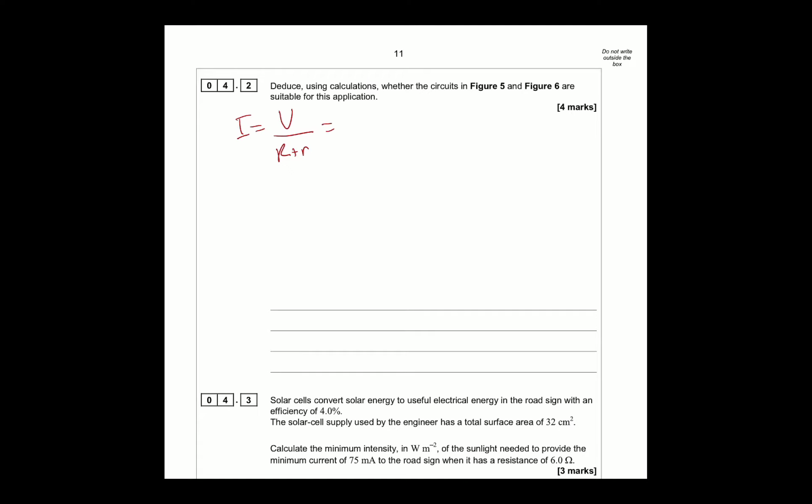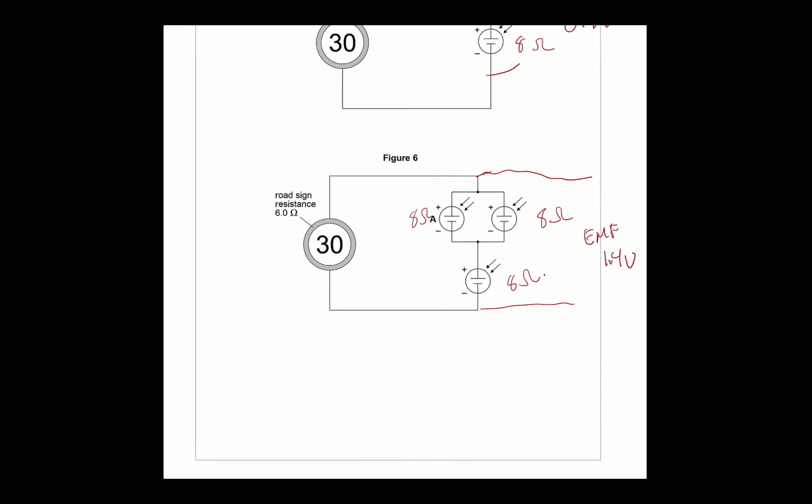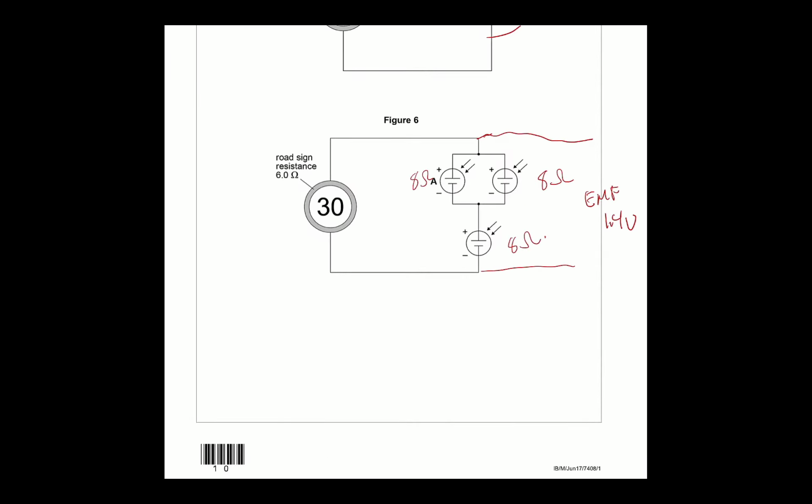So for circuit 1, might as well look at what my resistance here is. These two in parallel is actually equal to 4 ohms. So my total internal resistance is 12 ohms. The parallel section is 4, added together with the series section makes 12 ohms.